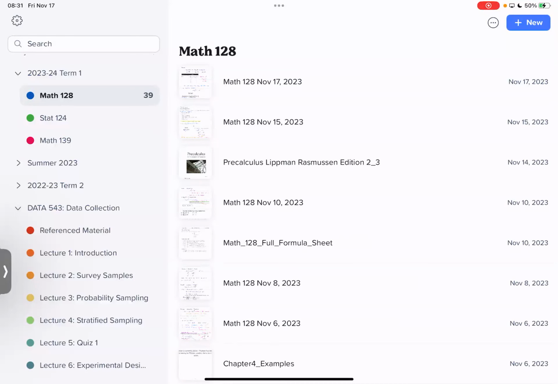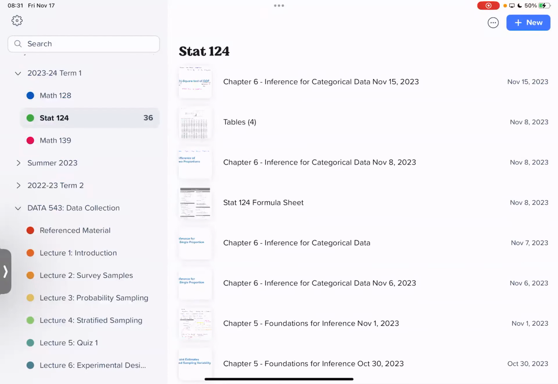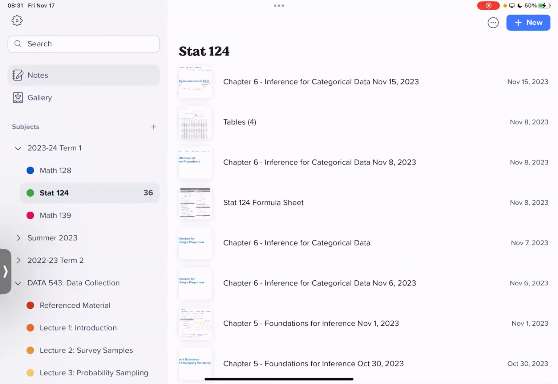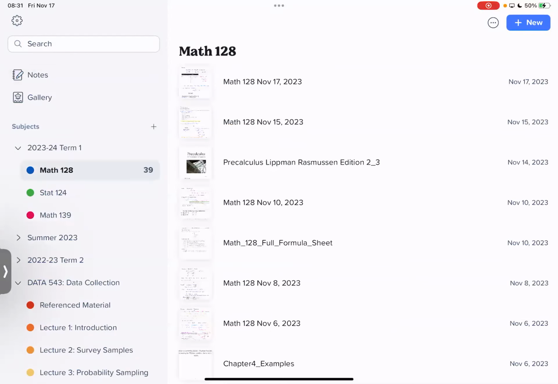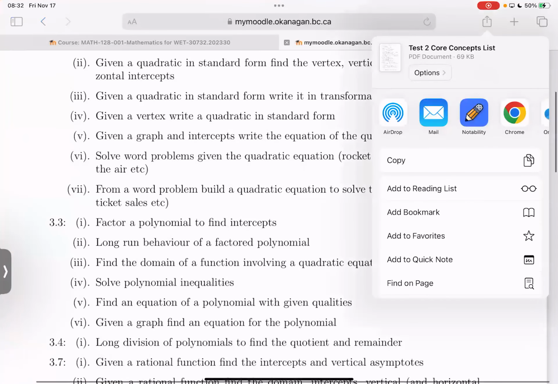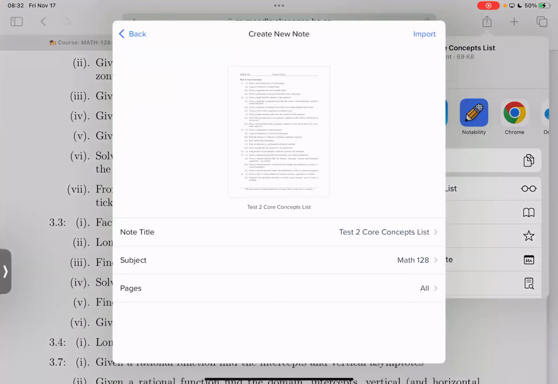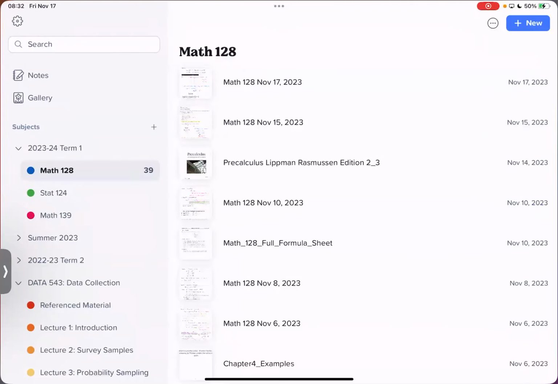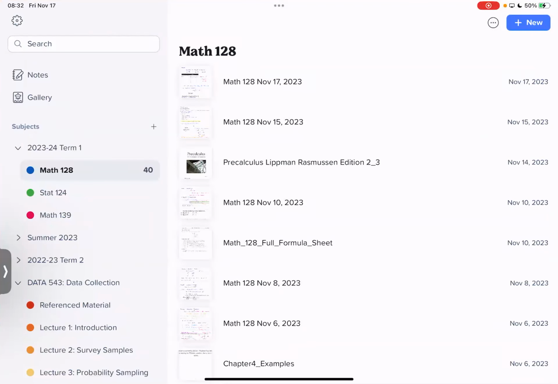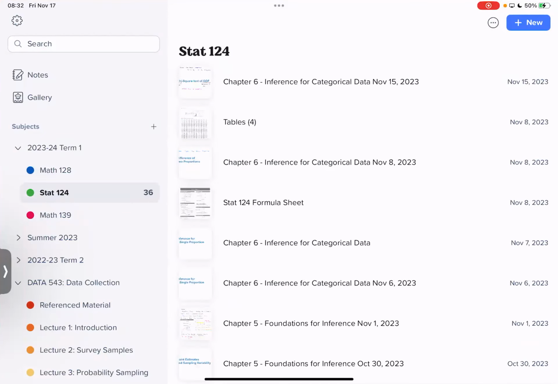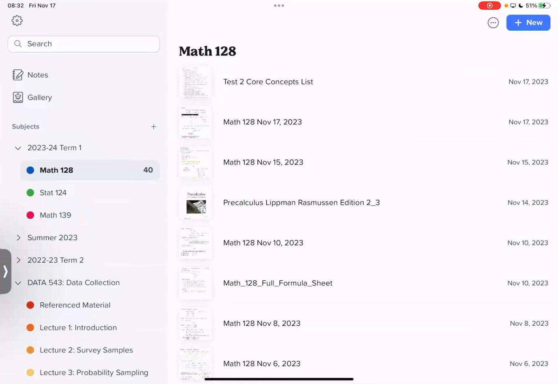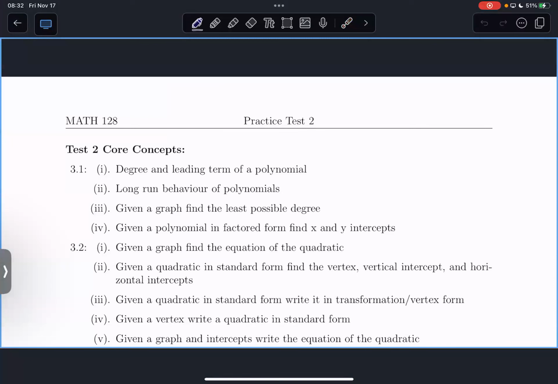Notability, create new note. There we go. So we're going to choose 20 concepts.